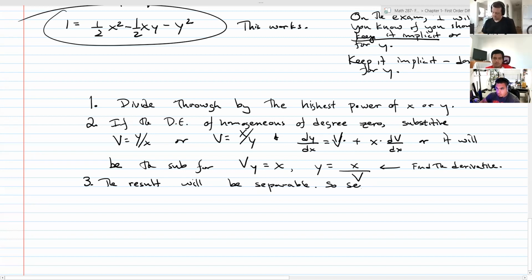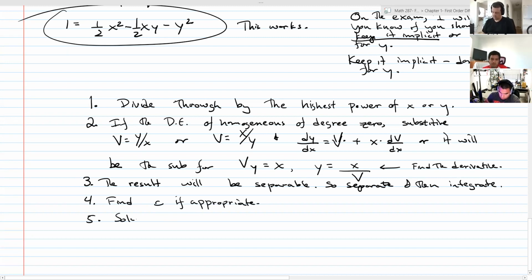So separate and then integrate. Find C if appropriate. And then solve for y if asked. And that's it.